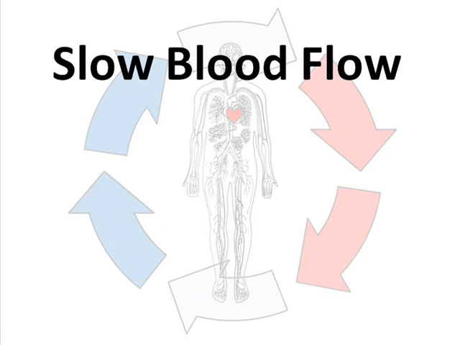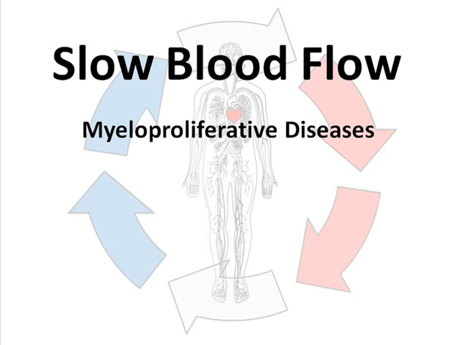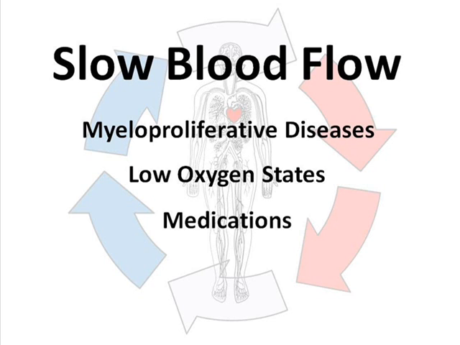These hyperviscous conditions include blood diseases where too many blood cells are produced in relation to the liquid volume of the plasma. Low oxygen states may also induce a higher ratio of red blood cells to plasma volume, making the blood thicker. Living or training at high altitude and heart or lung disease can be examples of low oxygen conditions.